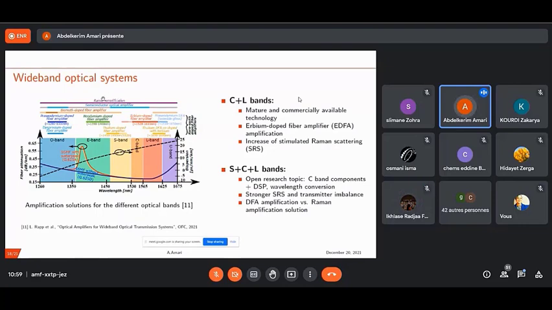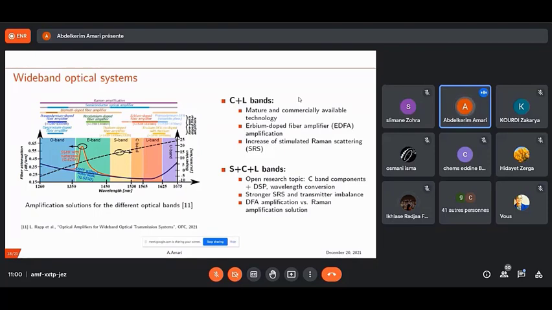The main advantage of the Raman amplifier is that it does not require a doped fiber, for example, here we have a fiber doped with thulium, but for Raman we can use the transmission fiber itself, like single mode fiber, to amplify the signal. So we use the molecules in the fiber itself.